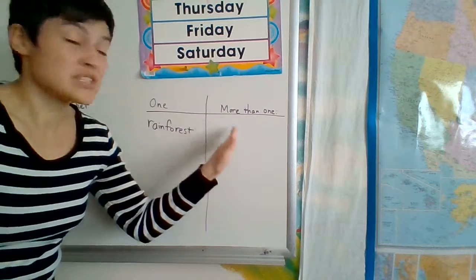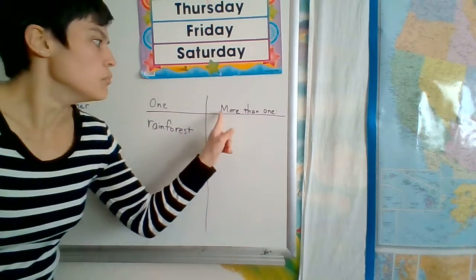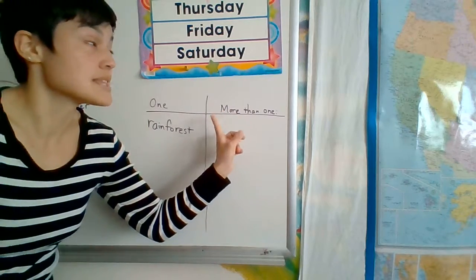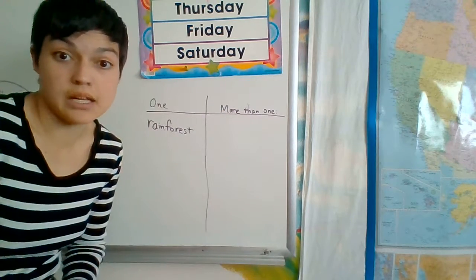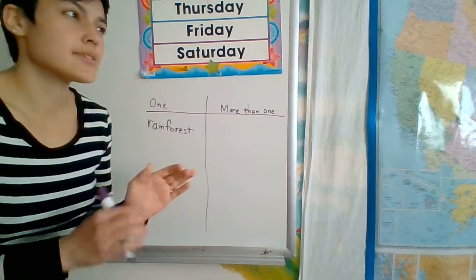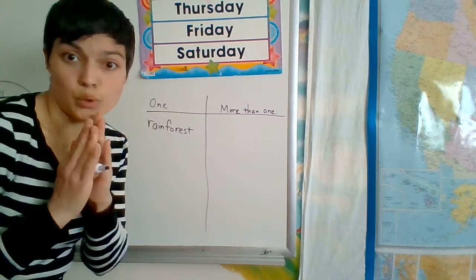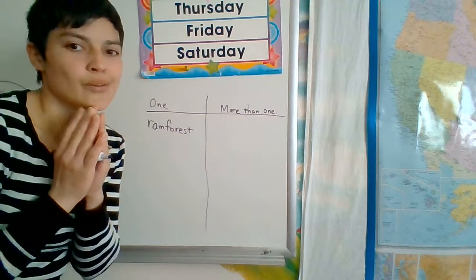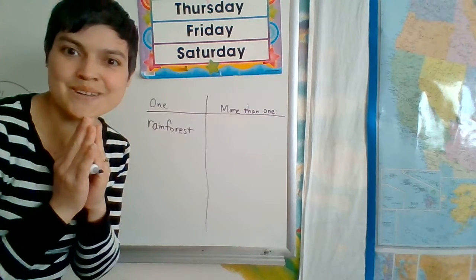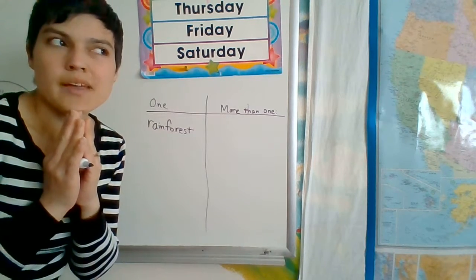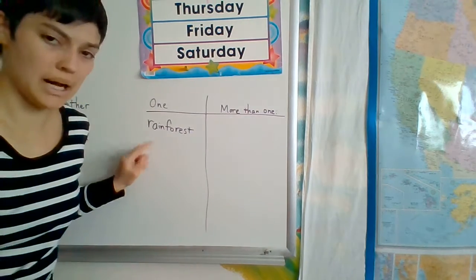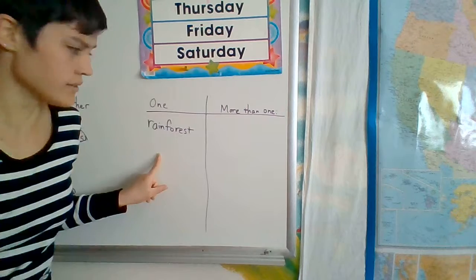Now, let me demonstrate on the other side, more than one noun. Okay, we're going to list nouns that name more than one thing. So, because we're studying rainforests, let me think of something. Ooh, I like monkeys. Okay, so if I had one monkey, I would write the word monkey under the one column.